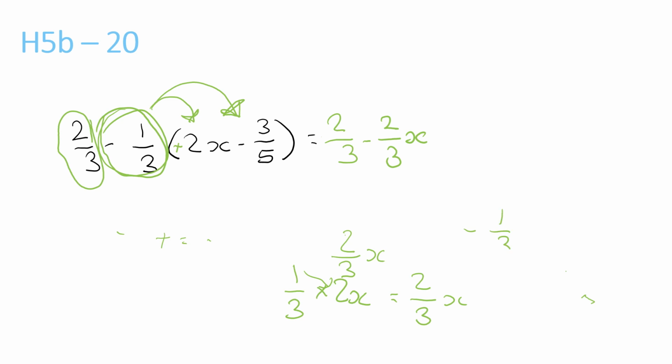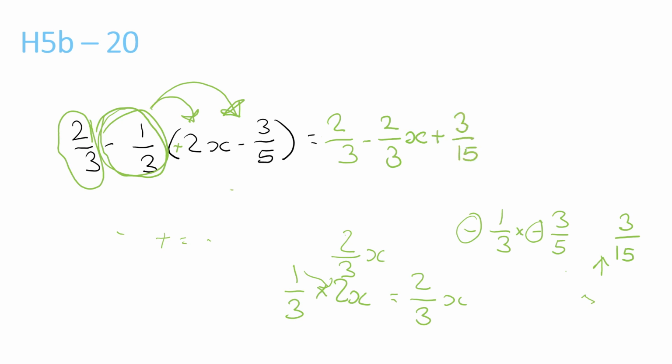So you've got to times those two. So 3 times 5 is 15, and a minus and a minus is a plus. You don't write anything because it's positive. And then just 1 times 3, which is 3, so 3 over 15. So you just put a plus 3 over 15.